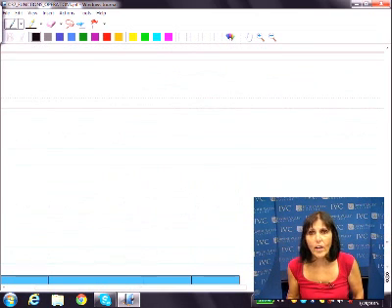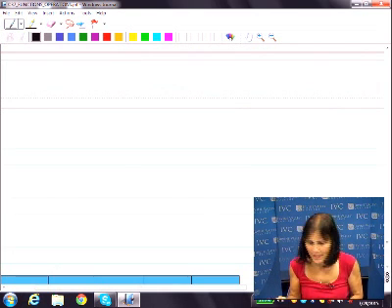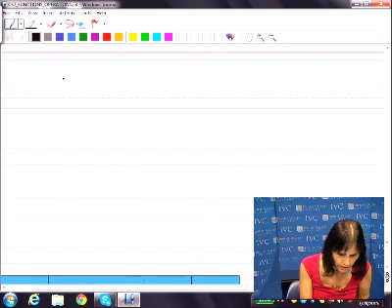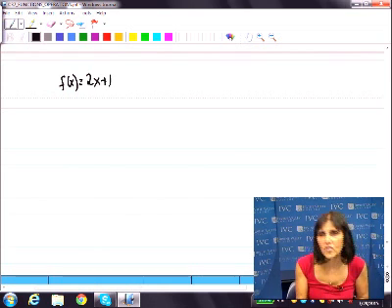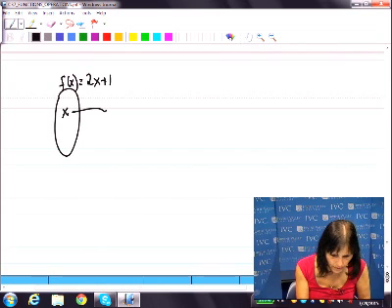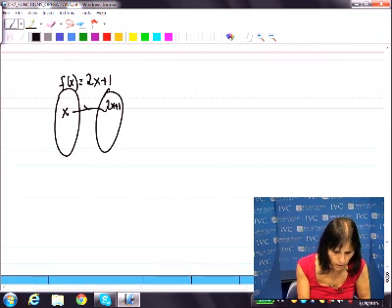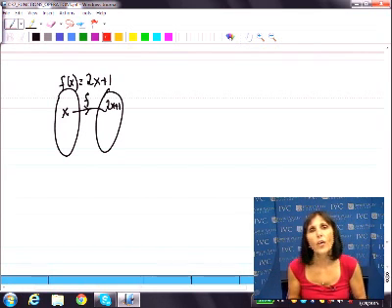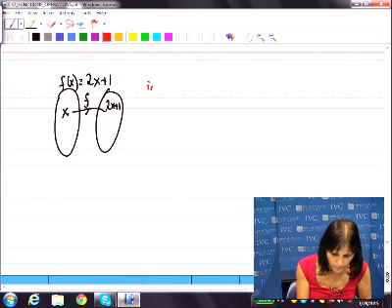Now if a function is one-to-one, I said you can take the inverse. What does that mean? And this is how you write it. Let's say f of x is given as 2x plus 1, and that's a line. I know it's one-to-one. So what this does is you start with an x, and then every x will go to 2x plus 1. This is your f. So if we're talking about the inverse of f, this is how you show it, f inverse of x.